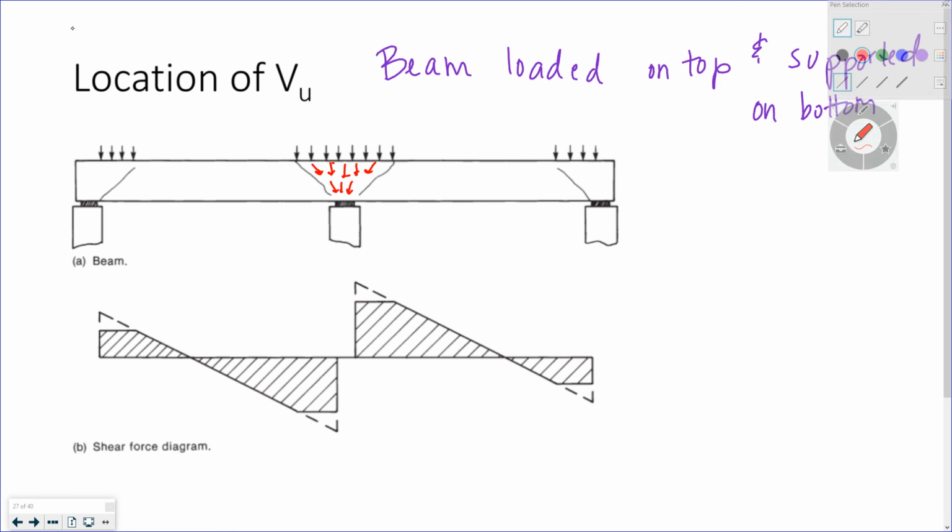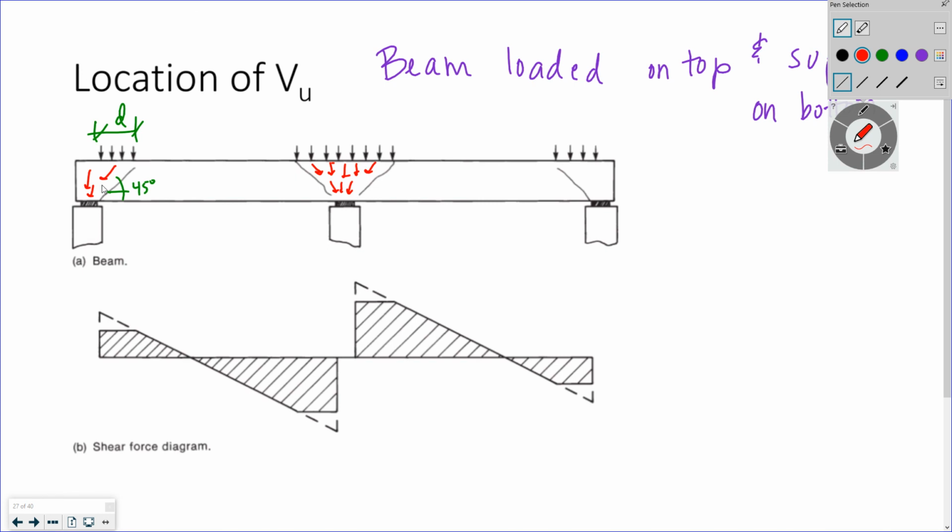You assume you've got these 45-degree shear cracks coming from the face of the column outwards, and they have to be fully cracked. It's a distance of d, right? And over that distance d, all the load just goes right into the column instead of actually being a shear force.